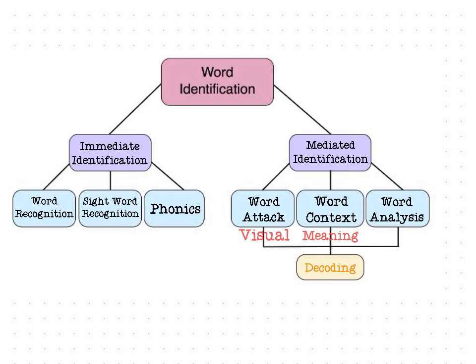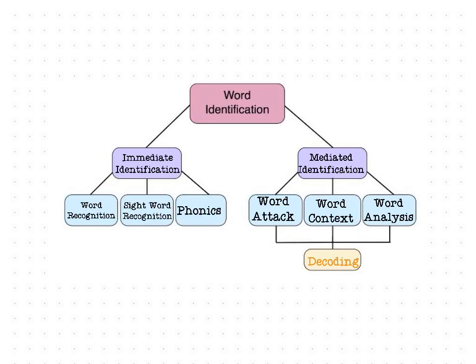So you can see that word identification really boils down to the child's ability to know the words on the page immediately or to have to figure them out and decode. When we talk about decoding, again, it's word attack, which is our visual cues; word context, which is the meaning of the sentence and the picture cues; and word analysis, which is the structural cues of the sentence, which are based on the grammar.